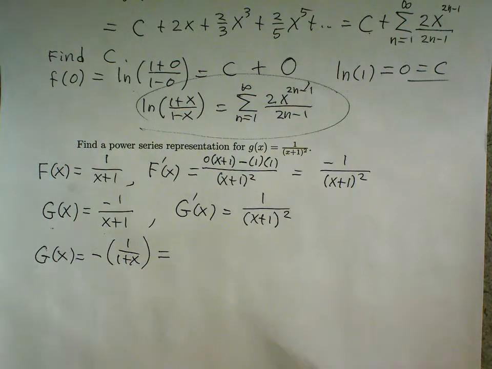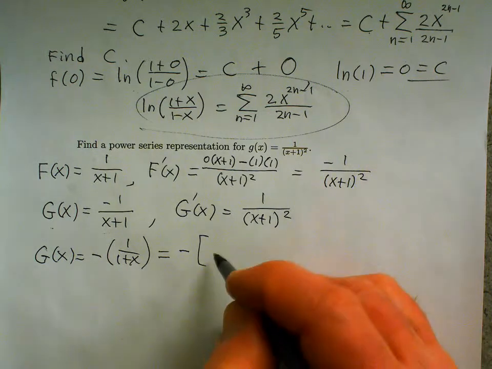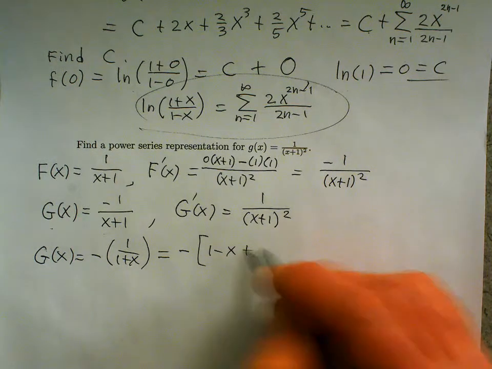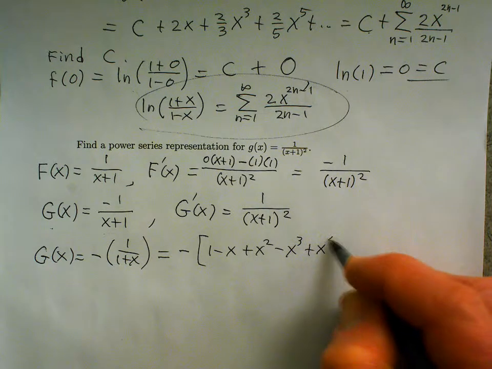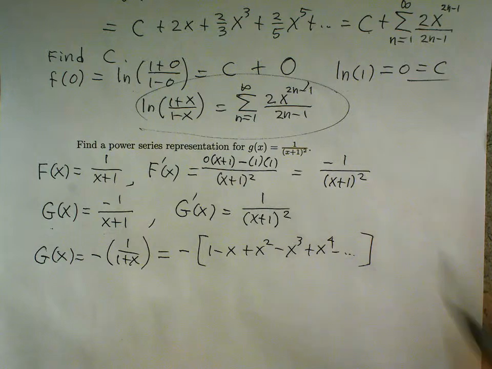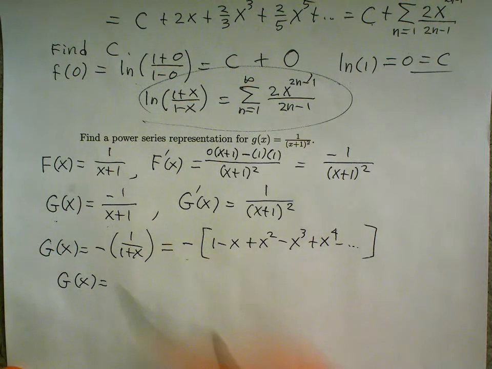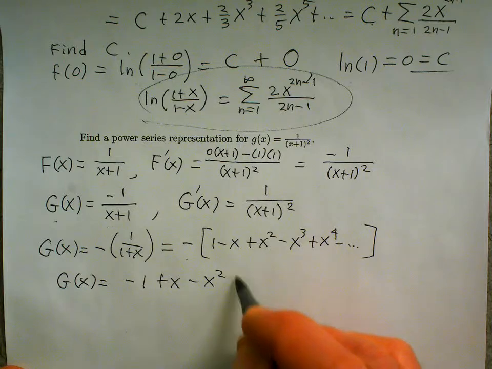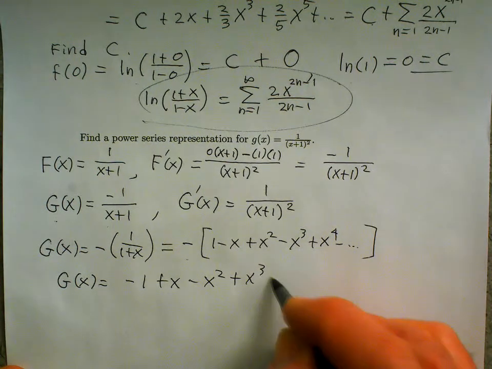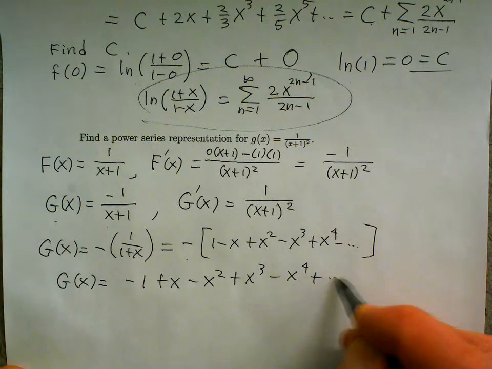And this series is the negative of 1 minus x plus x squared minus x to the third plus x to the fourth, and so on. Distribute the negative. So G of x is negative 1 plus x minus x squared plus x to the third minus x to the fourth, and so on.